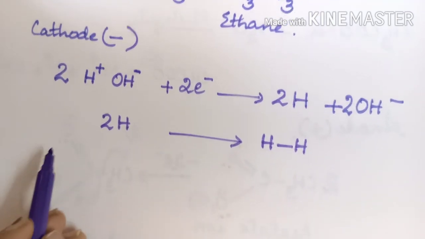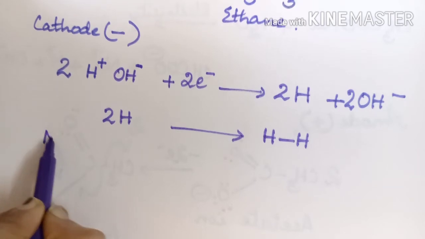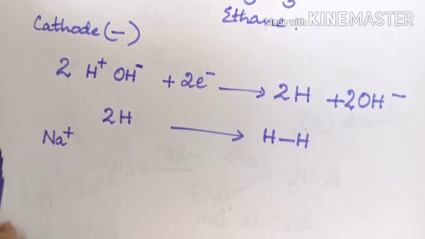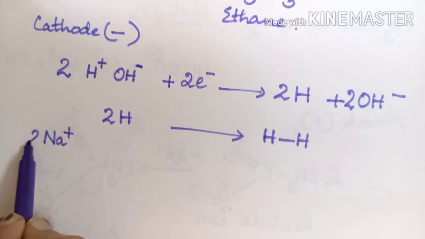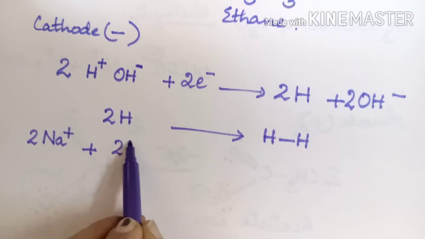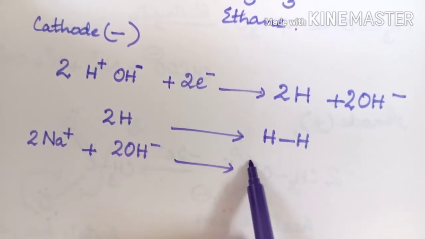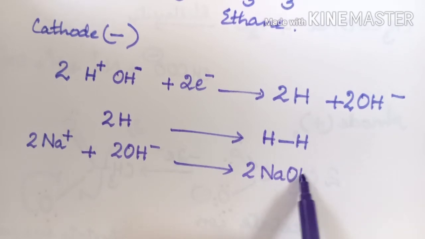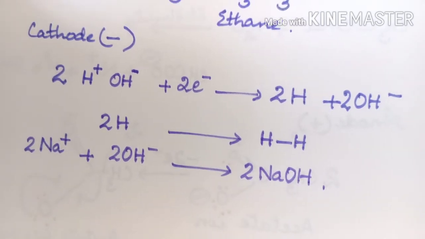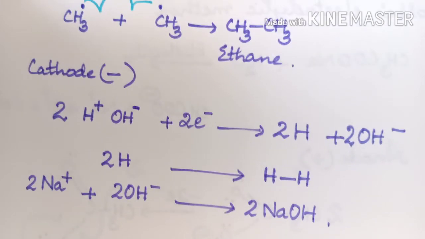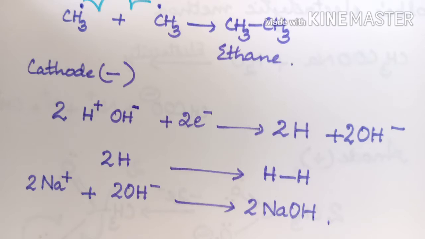At the same time, near the cathode, the Na plus ions that were present will react with 2 OH minus, resulting in 2 NaOH. So we are able to explain the formation of the four different products in the electrolysis. At the anode we got ethane and carbon dioxide, and at the cathode we get hydrogen and sodium hydroxide. That is the chemical reaction called electrolysis.